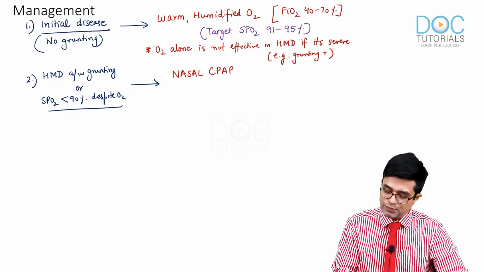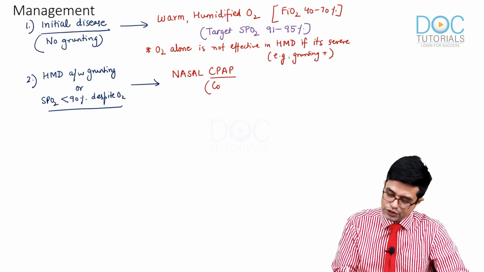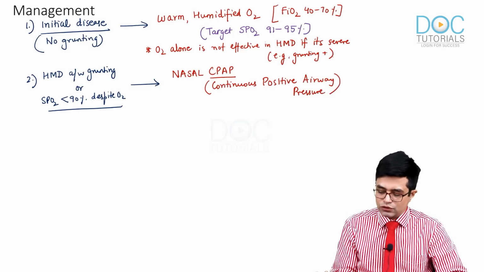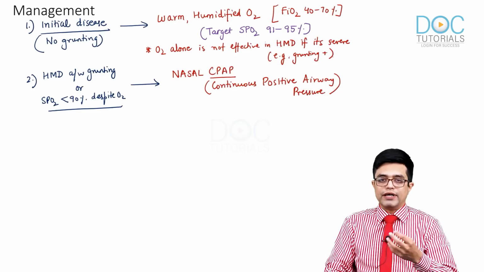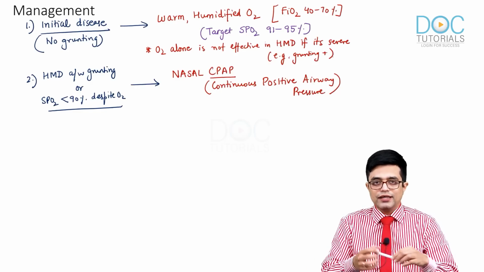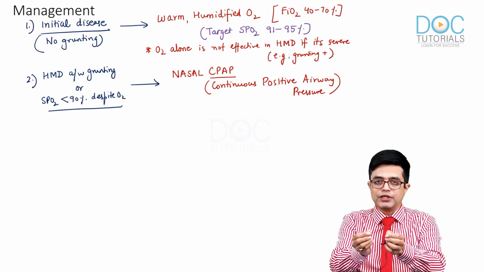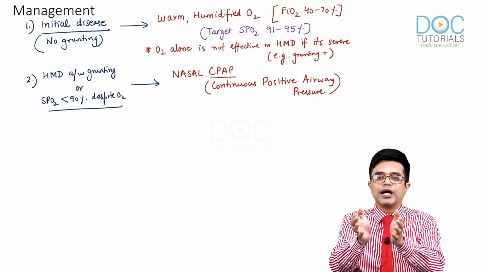CPAP stands for continuous positive airway pressure. It can be given through a ventilator, but it is not exactly ventilation. We are basically applying a nasal prong and giving positive pressure into the airway to keep the alveoli open.